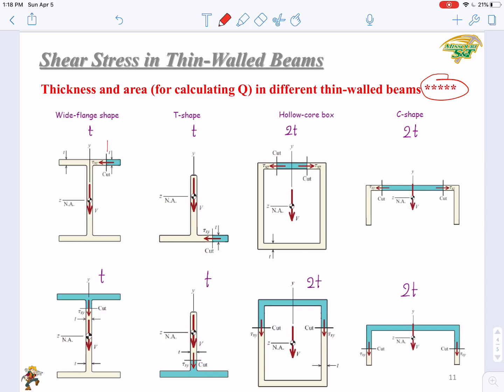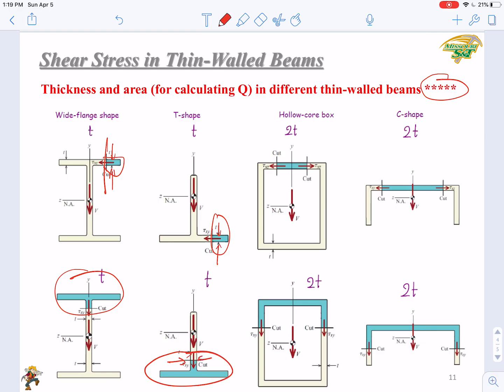How to cut and get the area, and how to consider the thickness. You just consider one area or composite area and consider the local thickness T. Also in the T-shaped beams, you know how to cut areas and determine the local thickness.